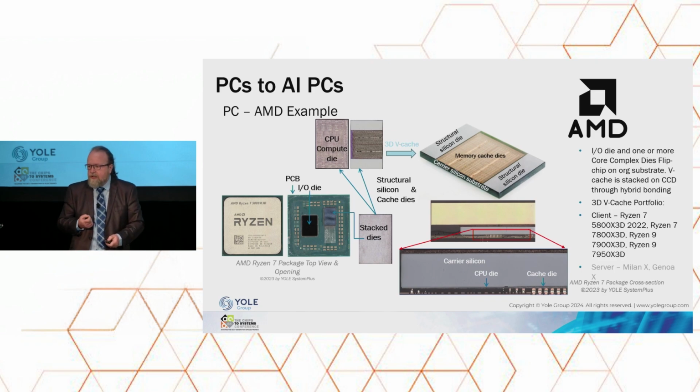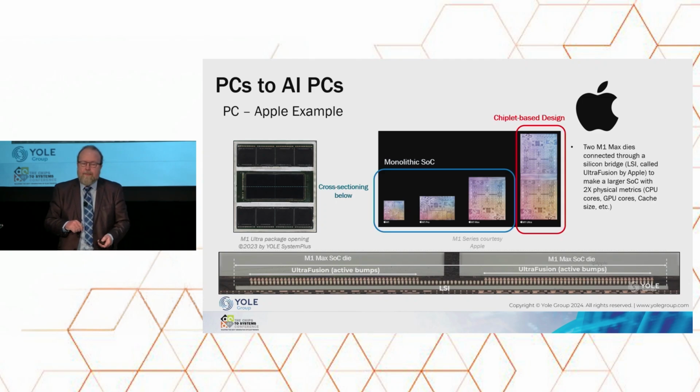Here we have a cross-section of the solution based on chiplet-based design. We have the memory caches that can be customized for any particular sub-function of a product line. Apple has its own version of the chiplet-based design strategy as they've moved into the M series of processors all the way up to the Pro series.